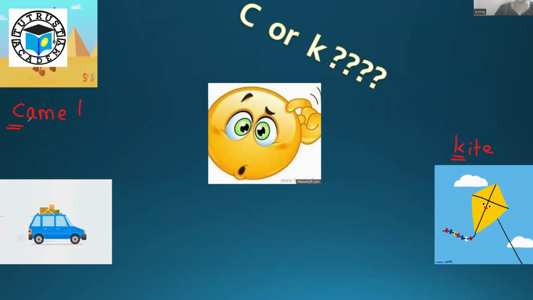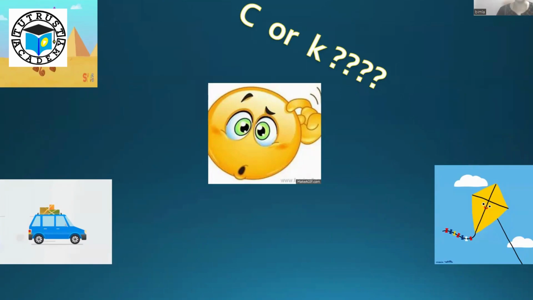Then why are you putting a C here and why do we write a K for a kite? Why cannot it be K-A-M-E-L and C-I-T-E for kite? Okay, you have the same doubts, right? To get a clear-cut idea of where to use C or a K, we will be seeing the first CK rule.